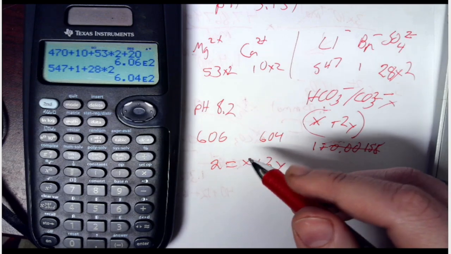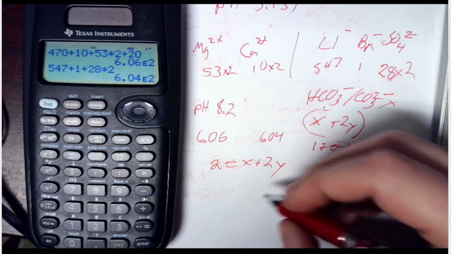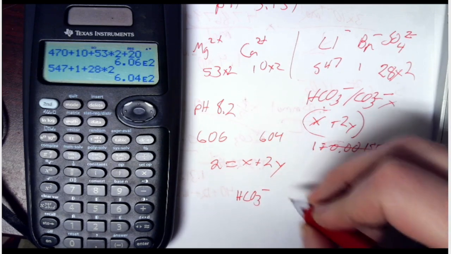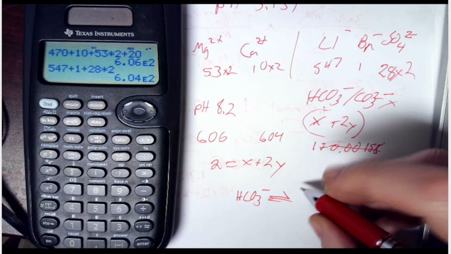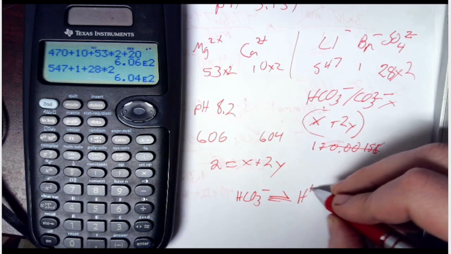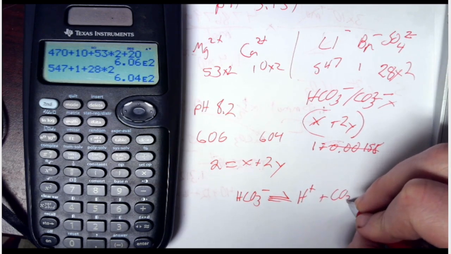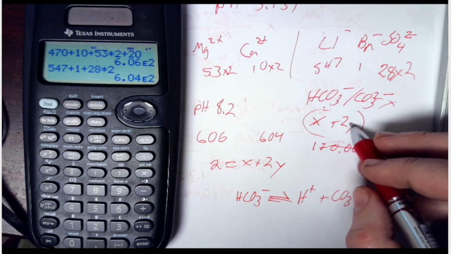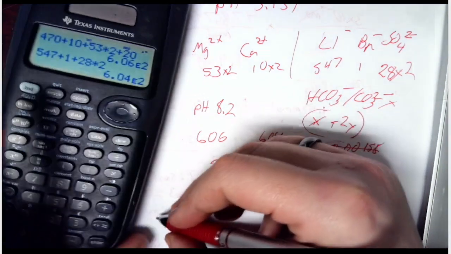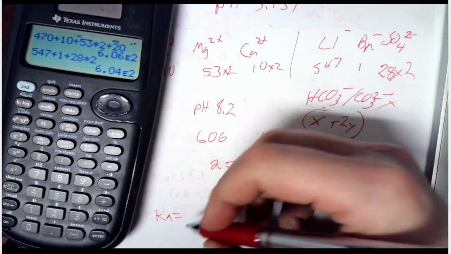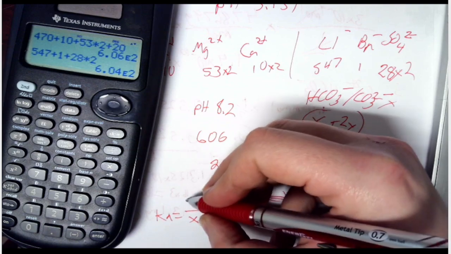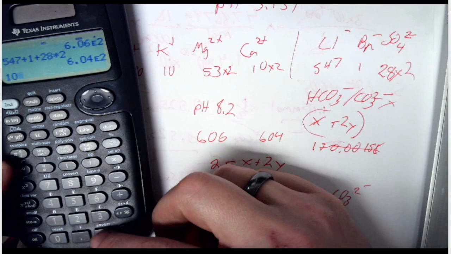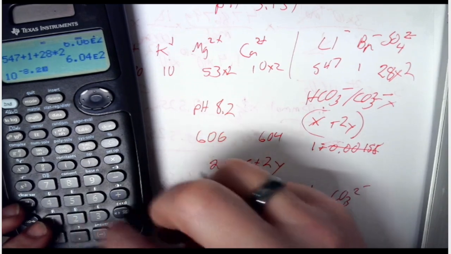Now, because we have a pH, and because HCO3 minus can be written as a Ka expression of H plus and CO3 2 minus, we can set up that Ka equals Y over X times the H plus concentration, which at a pH of 8.2 is 10 to the negative 8.2.